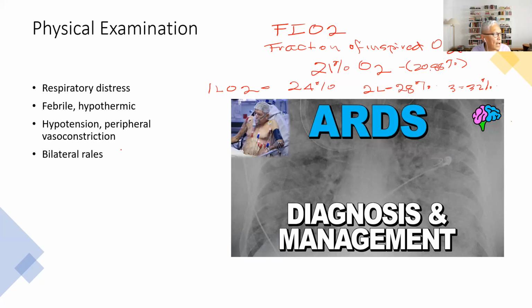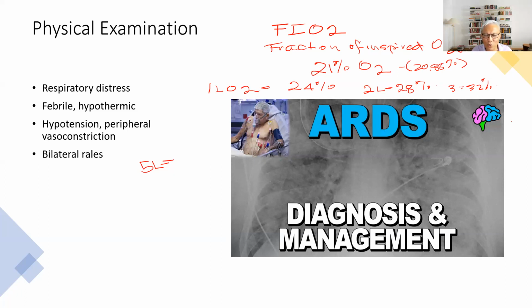Okay, so if I am giving you 5 liters of oxygen, what is your FiO2? Yes, 40%. Okay, so do you understand now what FiO2 is? It's the fraction of oxygen that you are breathing.